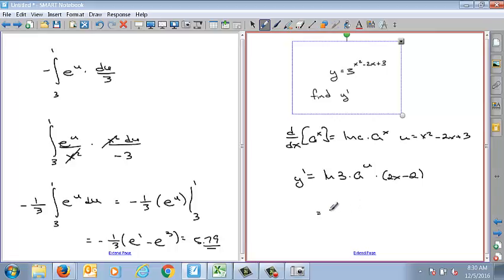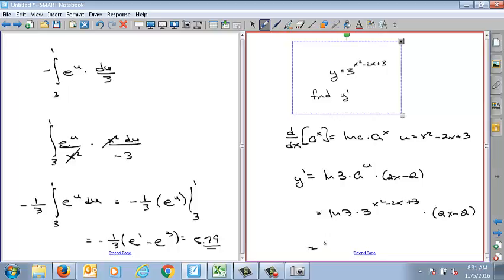So you get the natural log of 3 times a, in this case, 3 to the x squared minus 2x plus 3, times the derivative of the exponent, which is going to be 2x minus 2.